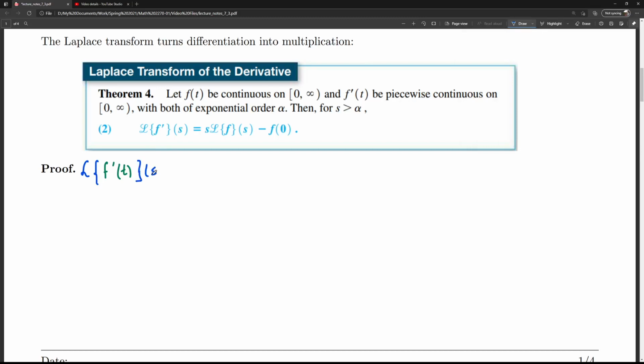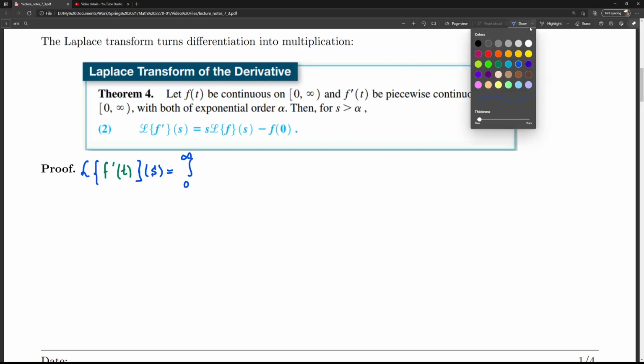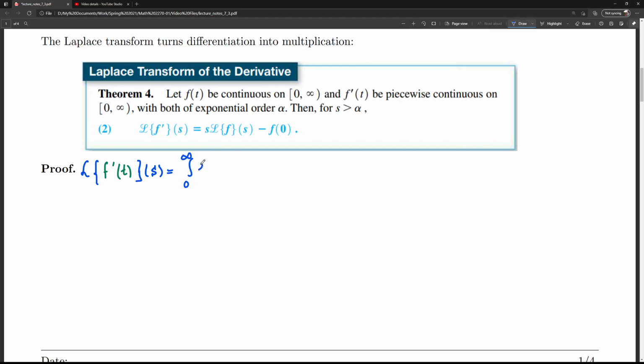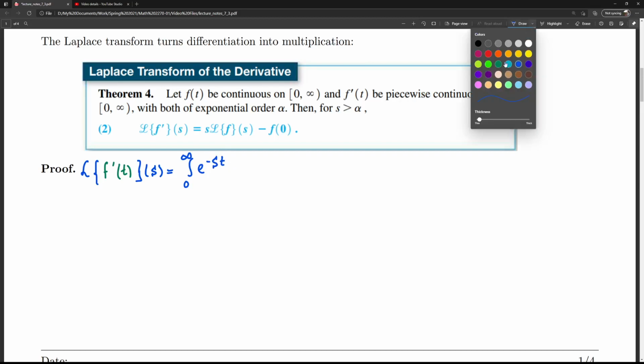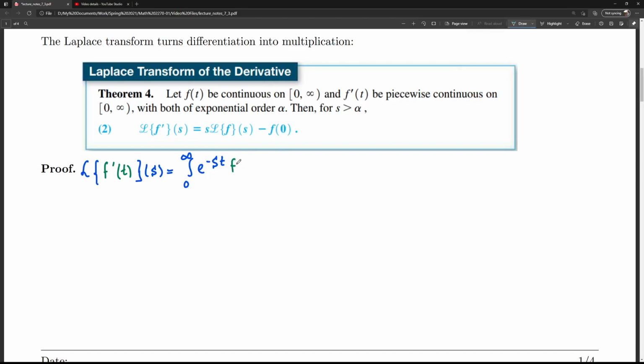Again, by definition, that is the improper integral from 0 to infinity of e to the power negative st times f prime of t dt.